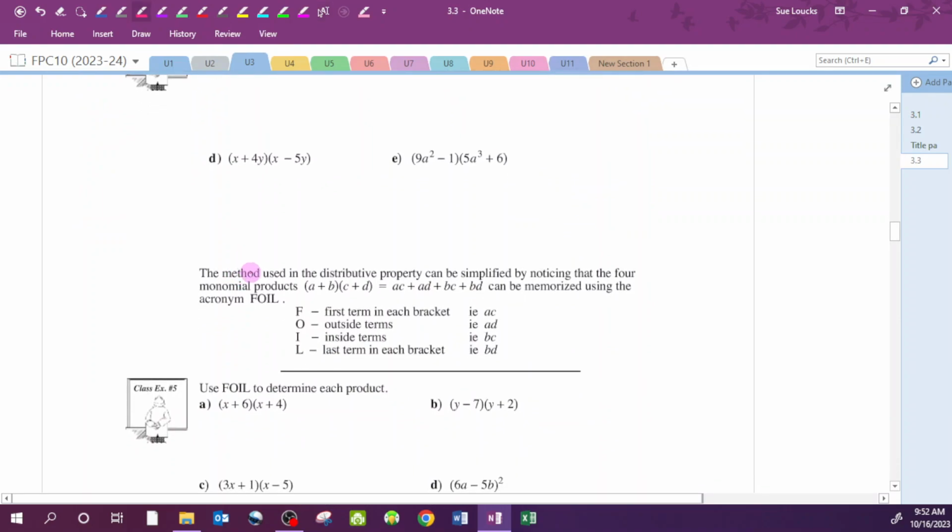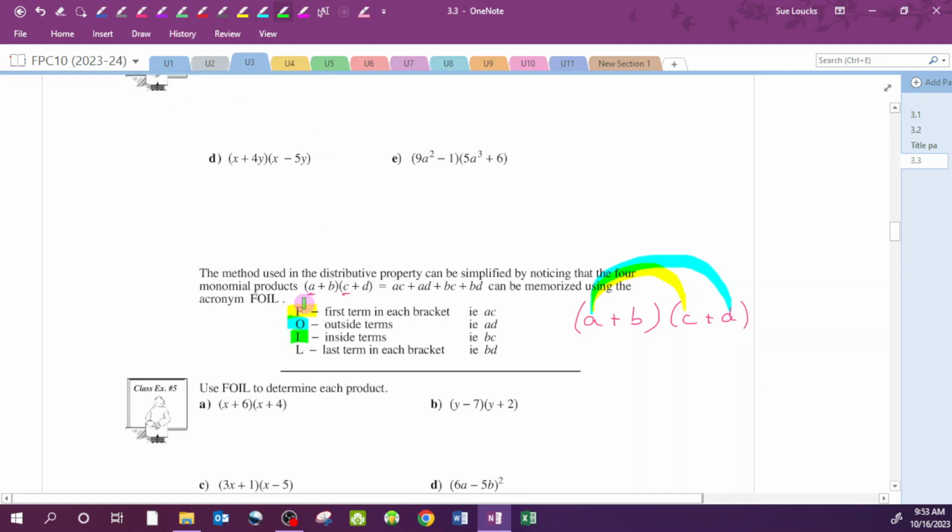I'm not sure why, but the F is the first term in each bracket. So it's A times C, and O is the, well, actually we usually draw this in lines. So if we've got A plus B times C plus D, it's the first times the first, and then the outer is the outside ones times each other.